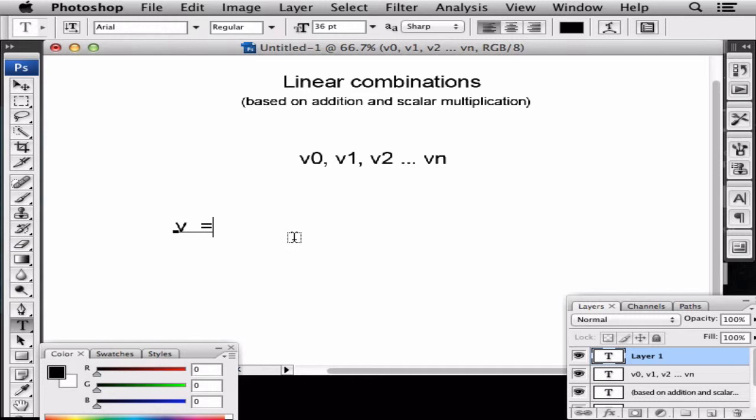The result of this whole thing is a single vector. We just multiply each number by each vector, like this.